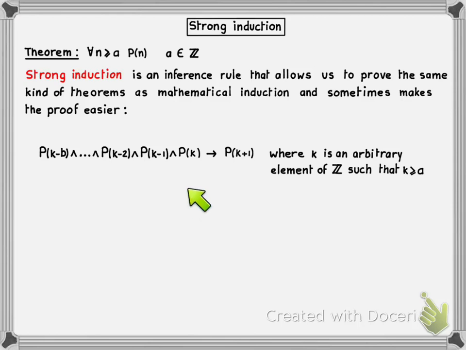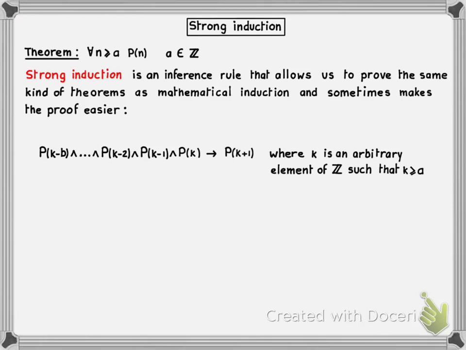So notice, if we assume that p of k is true, and p of k minus 1, and p of k minus 2, up to p of k minus b, basically we are assuming that p is true for b plus 1 consecutive integers. And if from that assumption we can prove that p is true for the next integer, then we have the second premise of the strong induction inference rule.